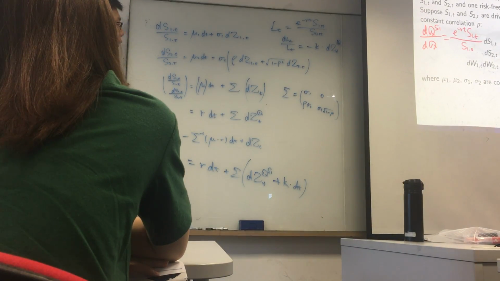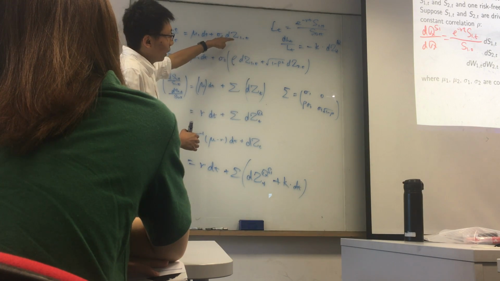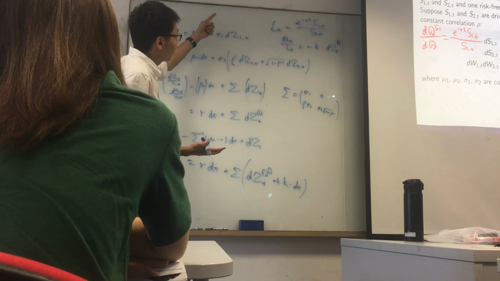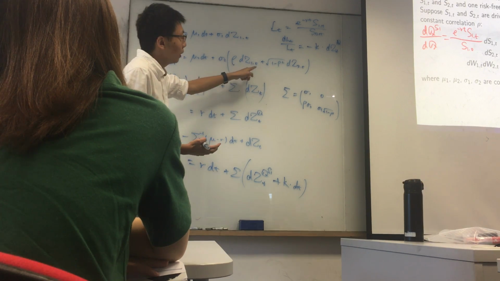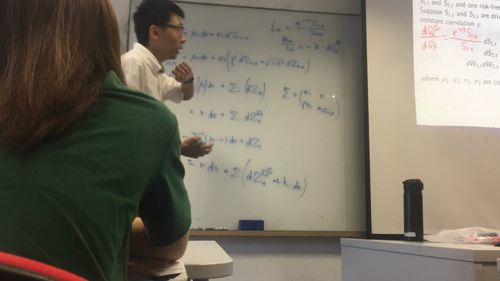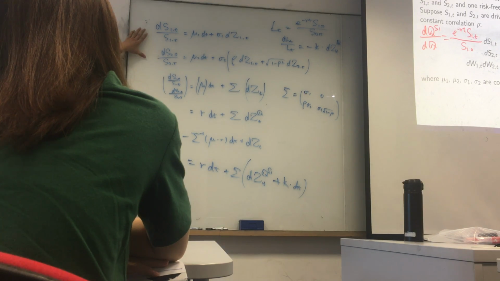At least for me, I always prefer to rewrite the Brownian motions in terms of independent parts. That means if we take the first Brownian motion as dZ1, then the second Brownian motion can be decomposed into rho times dZ1 plus square root of 1 minus rho squared times dZ2. It's a very simple decomposition, equivalent, they mean the same. Okay, so that's our basic model.